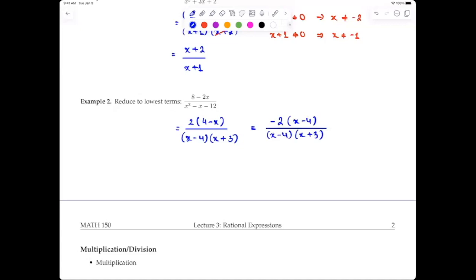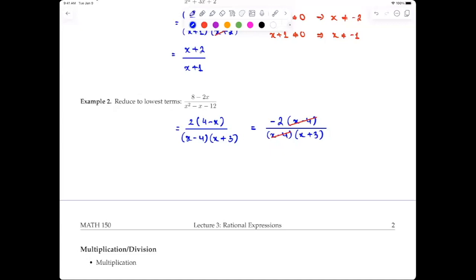You finish the step. So x minus 4 on the numerator, x minus 4 in the denominator. You can cancel them out because there's multiplication.